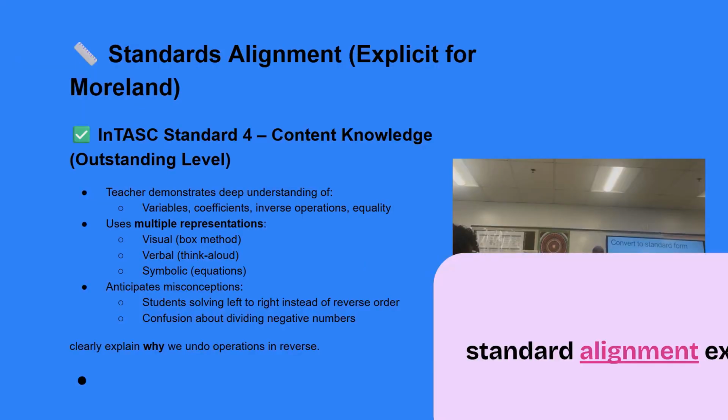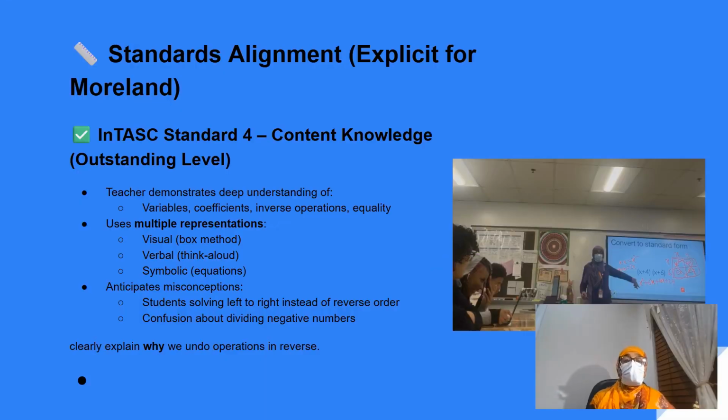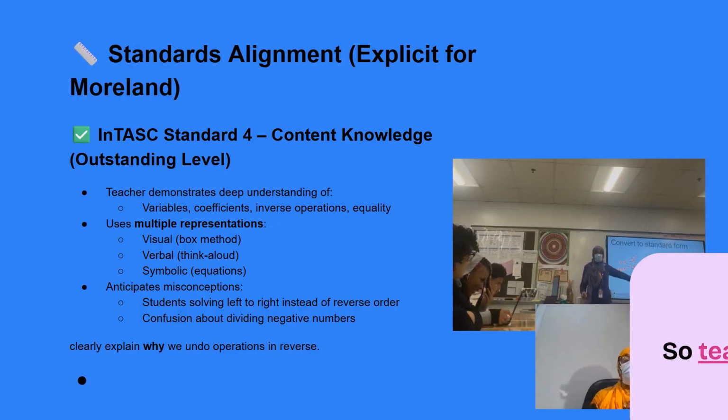Standard alignment explicit for Moreland, and as I mentioned before, this is in task standard 4. It's about content knowledge, and I am trying to do it at the outstanding level. The teacher demonstrates deep understanding of variables, coefficients, inverse operations, and equality.